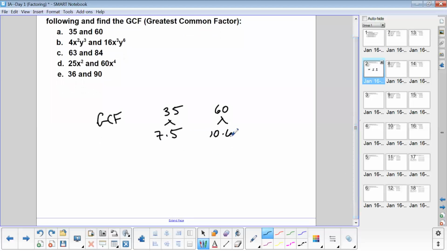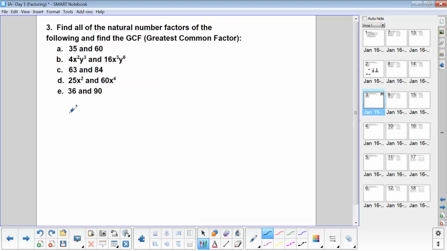Well, none of them are the same, right? But 7 and 5 are prime. 10 and 6 are composite, which means these would factor into 2 times 3 and 2 times 5. Now that you scan them all, you see that 5 is the greatest common factor. So the greatest common factor of 35 and 60 would be 5.